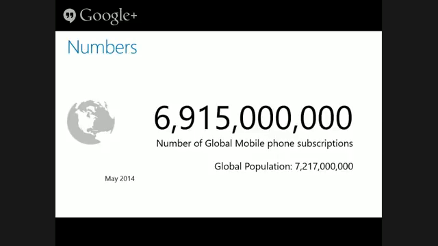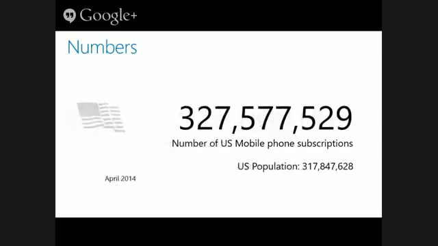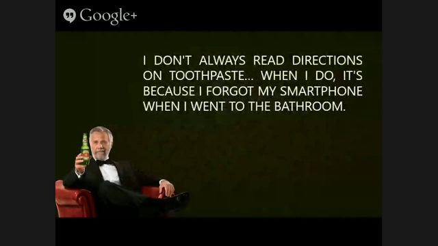That number changes slightly when you come to the US. We've got about 317 million people, and there are more phone subscriptions than people in this country. Why? Because we sometimes carry more than one device. Some of us carry multiple different phones, and so on. That's a fact of life. That number is going to keep going up. Just read this for a second.